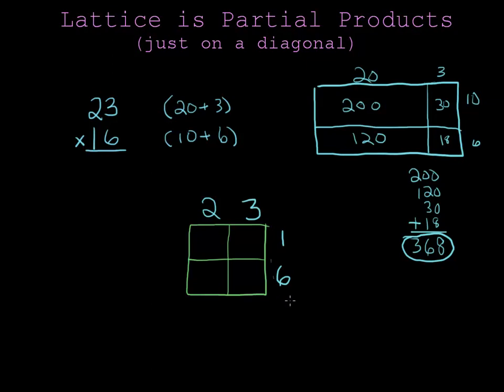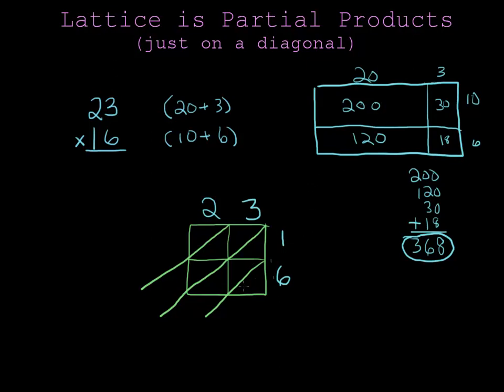Now the one thing that's different about the lattice than this kind of partial products multiplication is the lattice has these diagonal lines. The diagonal lines are great because they automatically help us to keep the place value straight. So notice that the multiplication for lattice is going to be pretty much the same.